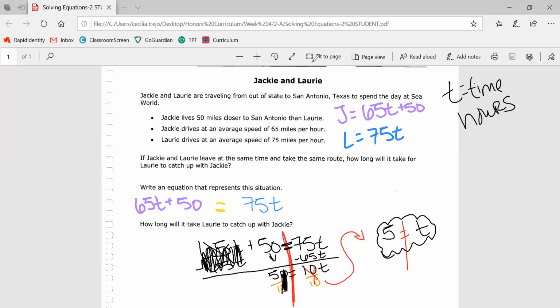Hold on, I want to erase this little red thing there. Okay, good. And now I'm gonna write it as a sentence. How long will it take Lori to catch up with Jackie?